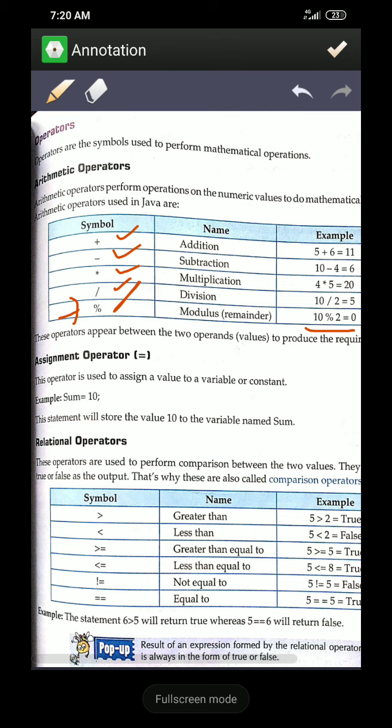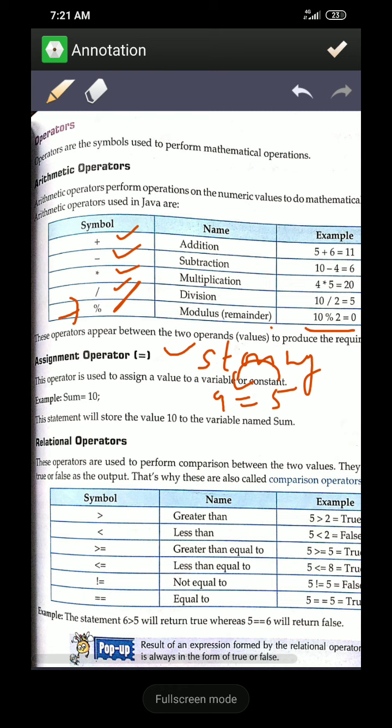Next is the assignment operator. Assignment means storing a value into the memory location. Look at this example, a is equal to 5.